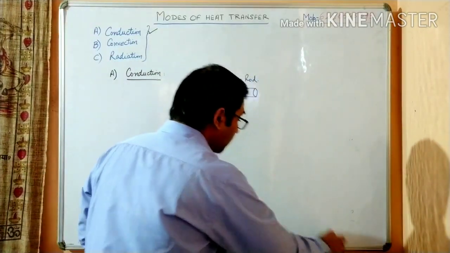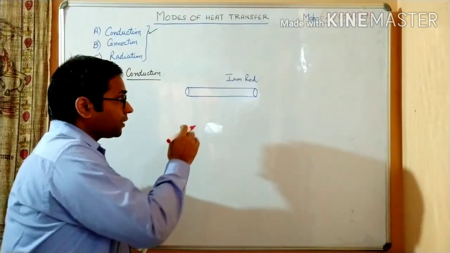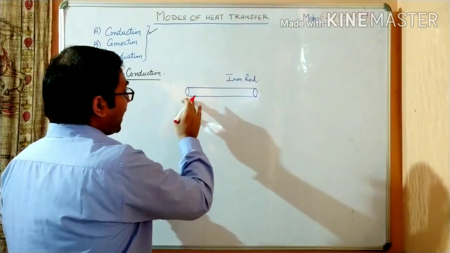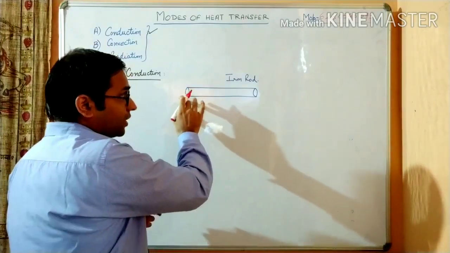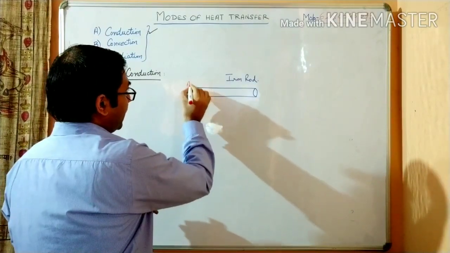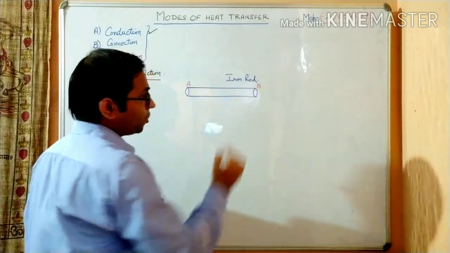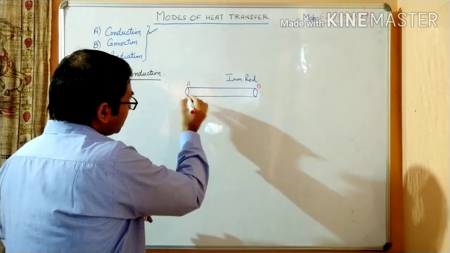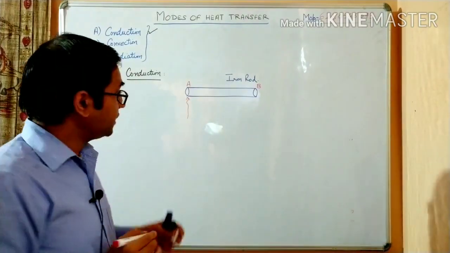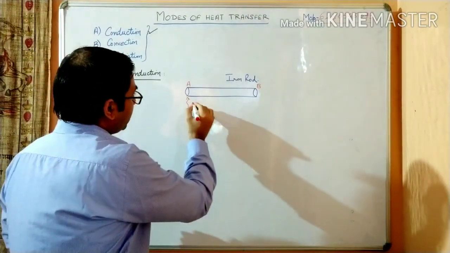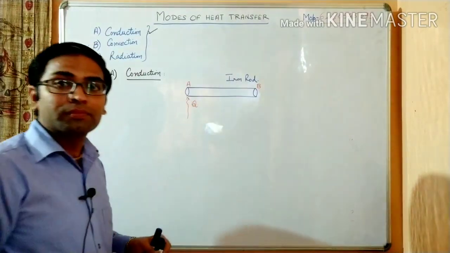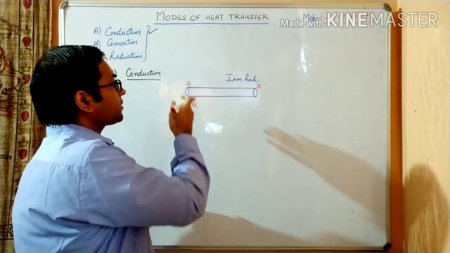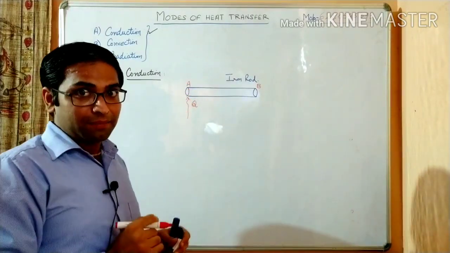Now what I do, I supply heat, that means the thermal energy, to end 1 or end A of this rod. This is end A, this is end B of this rod. I supply heat, certain joules of thermal energy to end A. Let me denote this by Q. So Q amount of heat is supplied to end A.